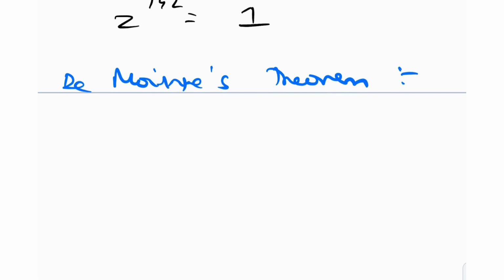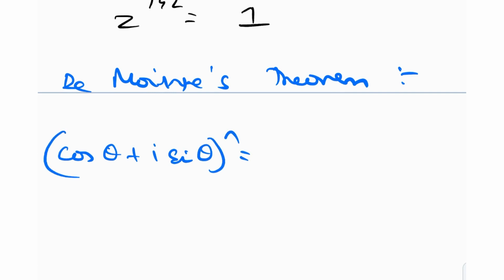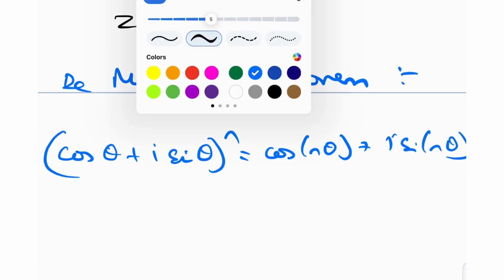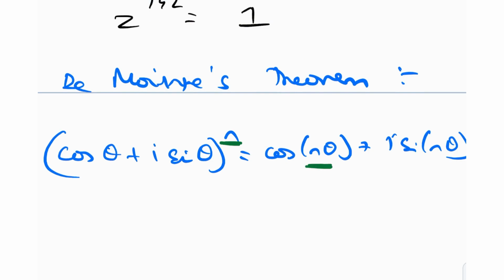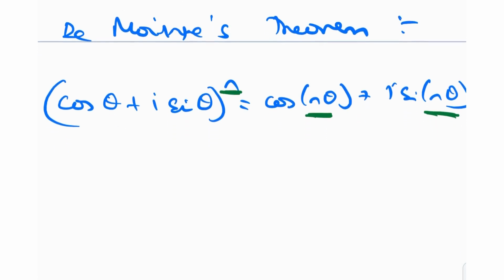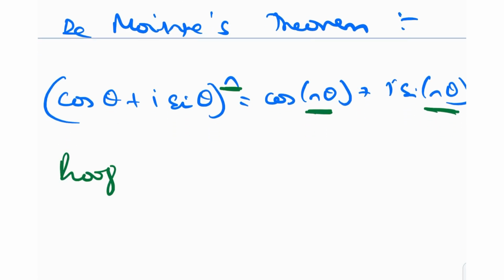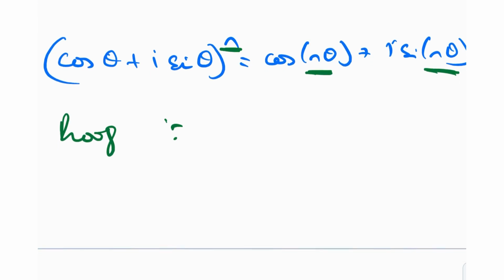It states that (cosine theta plus i sine theta) raised to the power n is equal to cosine n theta plus i sine n theta. Whatever n we have in the exponent gets distributed into the angles. That's the core concept, and the proof is very simple. We can easily prove it using Euler's identity.